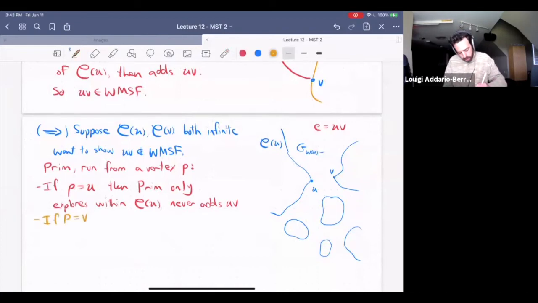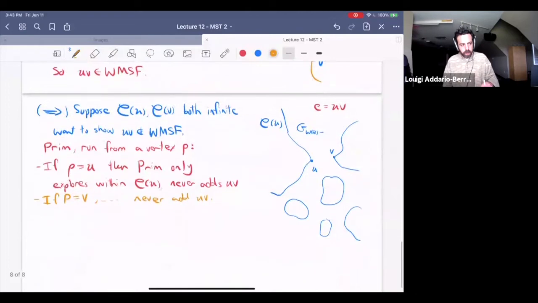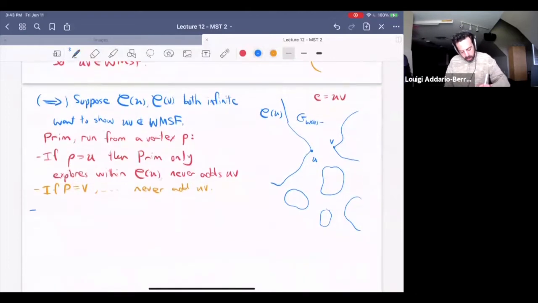Similarly, if rho is V, then we never add the edge UV. And so now we need to think about what happens if we start from some other vertex other than U and V. So then let's list the vertices explored by Prim's algorithm.